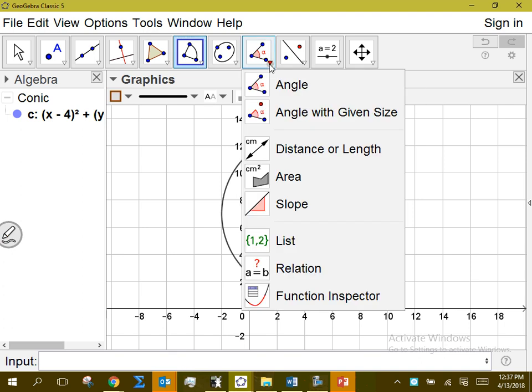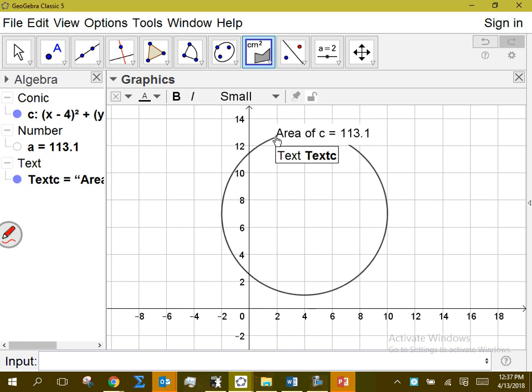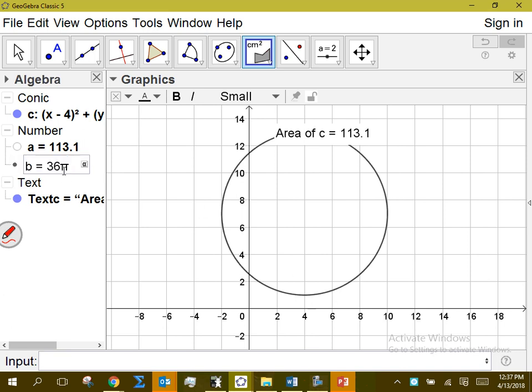I guess I have to mess around and see if it gives me the area. Can we do it this way? 113.1, okay, which is 36 pi. Let's just take 36 times 3.14, to get an approximation. Would you guys agree those are probably the same then?